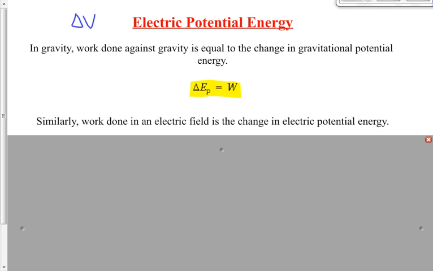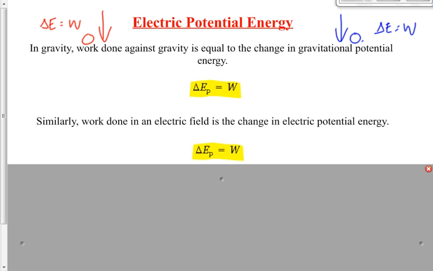The work done against an electric field arrow is equal to the electric potential energy change. If blue is gravity and red is electric, the work done when I move a mass through this gravitational field is equal to delta E. If this is a charge, the work done in moving this charge through this electric field is equal to delta E, the change in potential energy. It's the same thing, except that it's a different field, that's all.